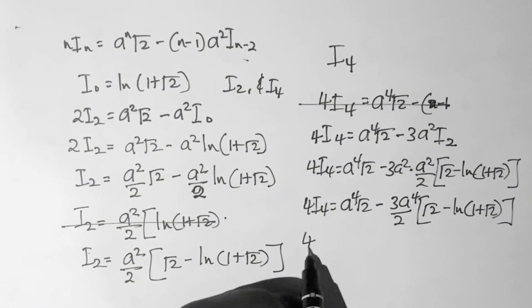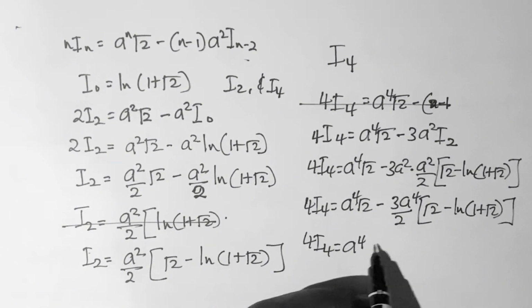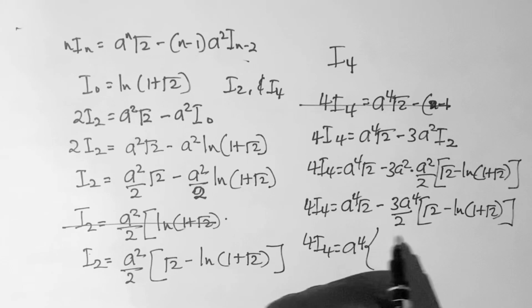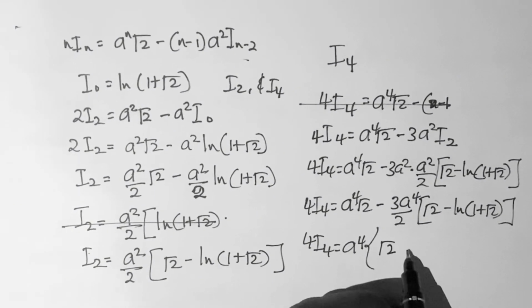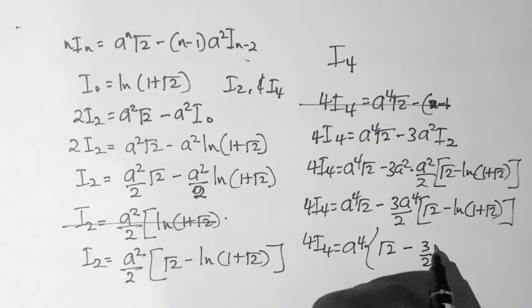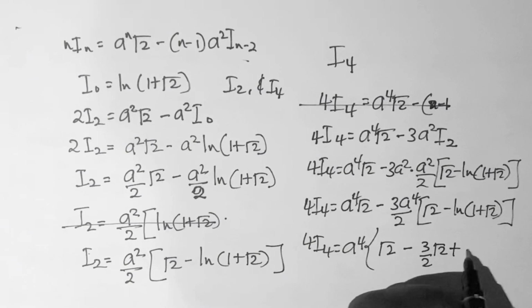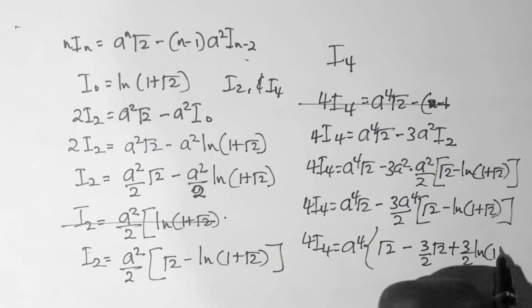So we find out that 4I of 4 is equal to a exponent 4, then a bracket. Here is left with root 2, then minus 3 over 2 root 2, then plus 3 over 2 natural log of bracket 1 plus root 2.